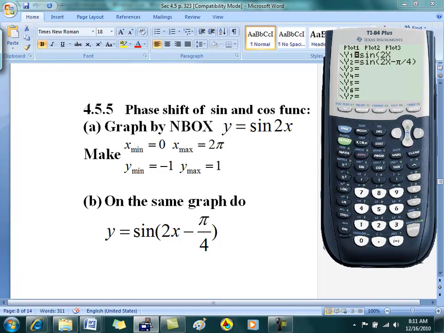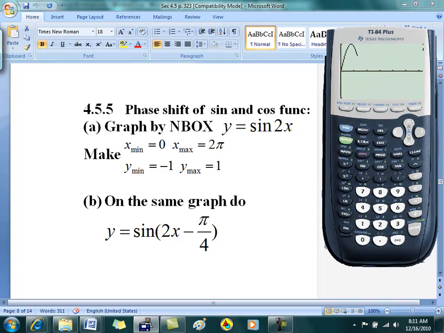Okay, everybody get the windows out there. Let me make sure my windows are what I expect. I want it to be 0 to 2 pi, and then I want -1 and +1. Okay, so your graph should look like that.